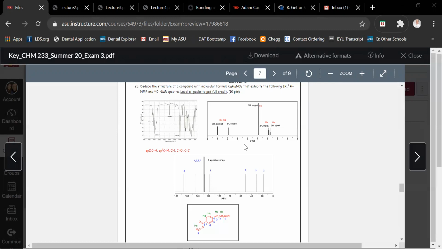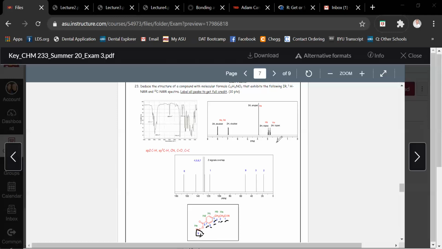Yeah, so it's mostly just like he shows here that he went through each different type of carbon, 1, 2, 3, 4, 5, 6, 7, 8, 9, right? Then he went to the CNMR graph and he said, okay, which of these peaks is going to be these carbons, and it is very confusing.